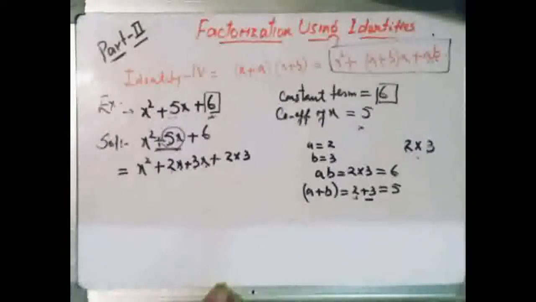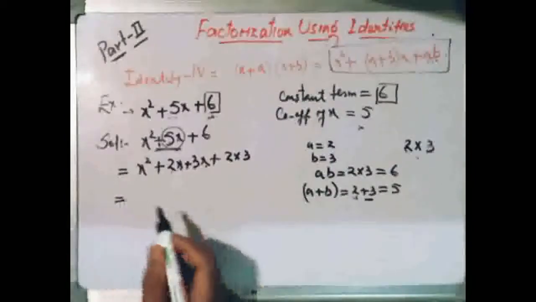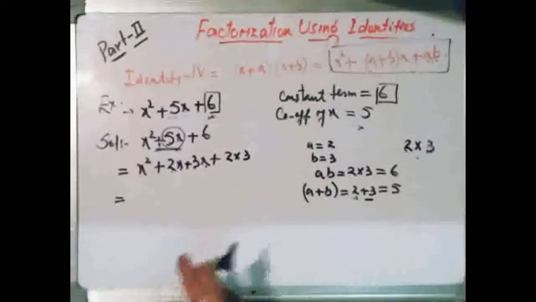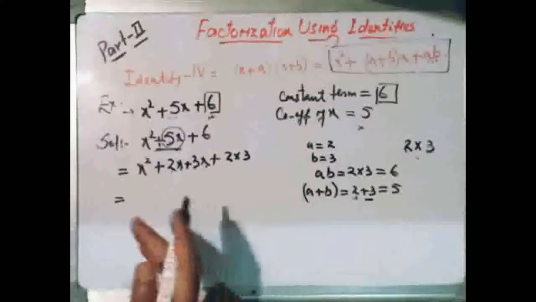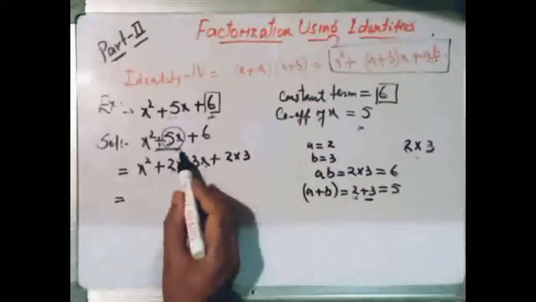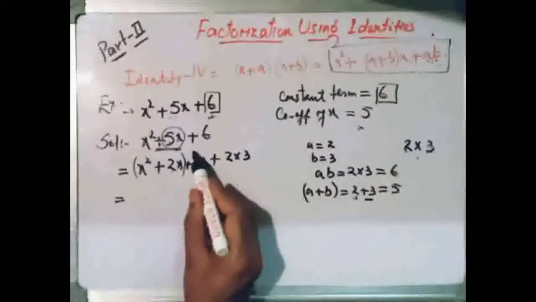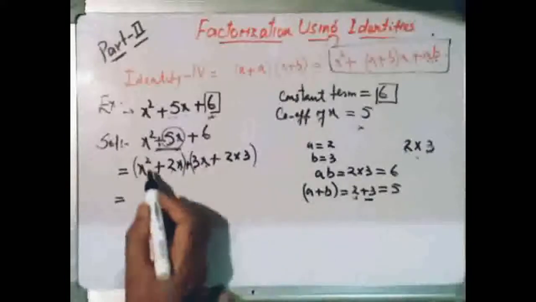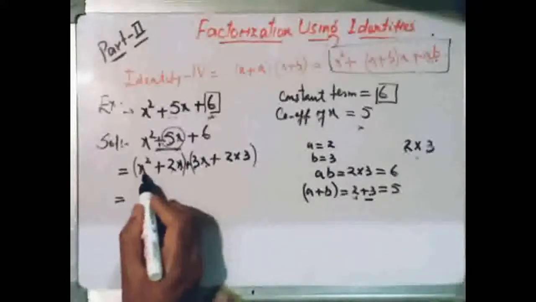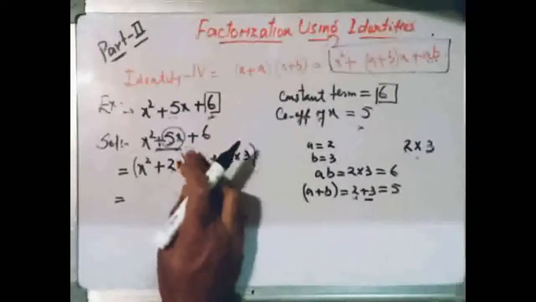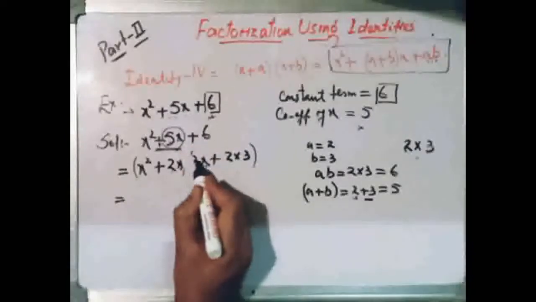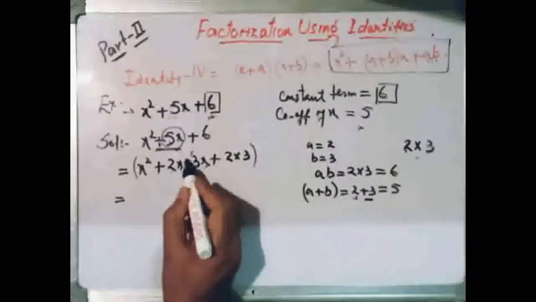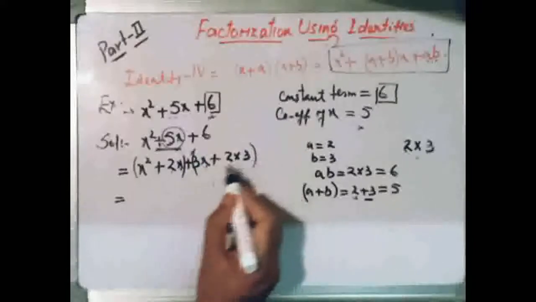Then you can do one thing. Now let's try to group these terms. Let's make this one group and this another group. So what's common here? I have made groups out of these.